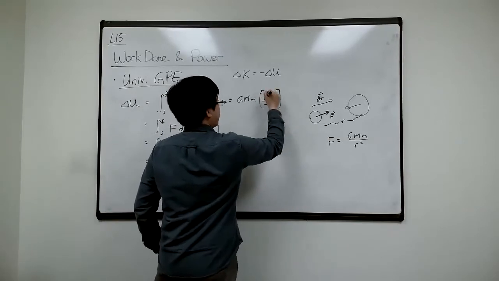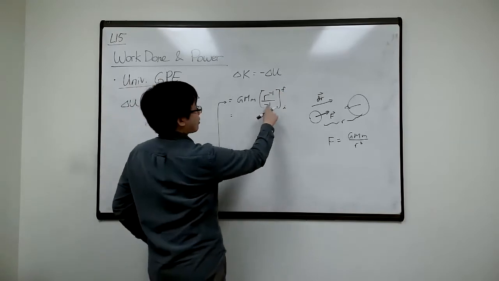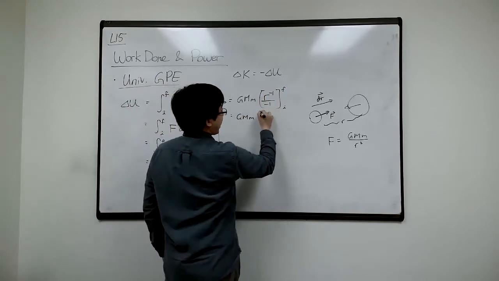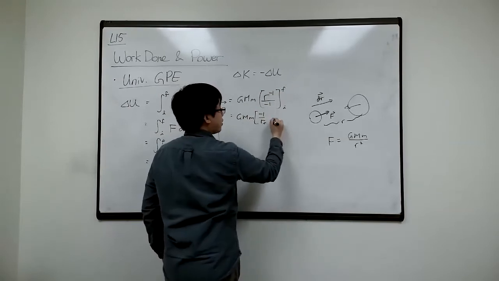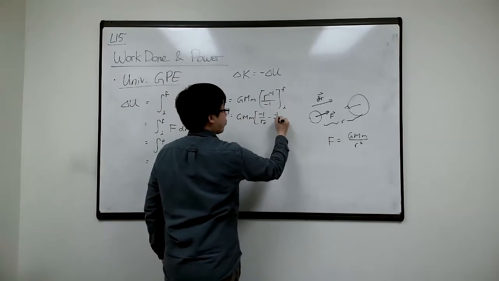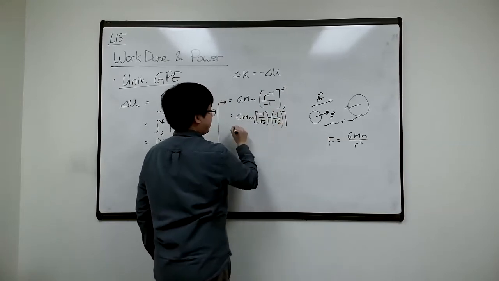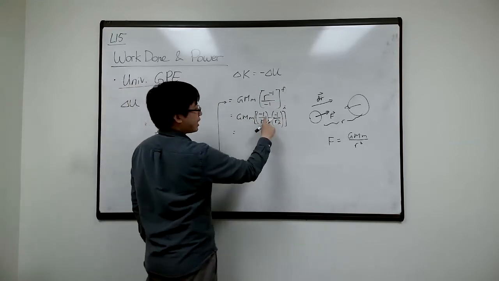And then put in the limits of initial to final. That's really just negative 1 over r. So I'll put in final minus negative 1 over r initial. You can check that if I did it the right way around.